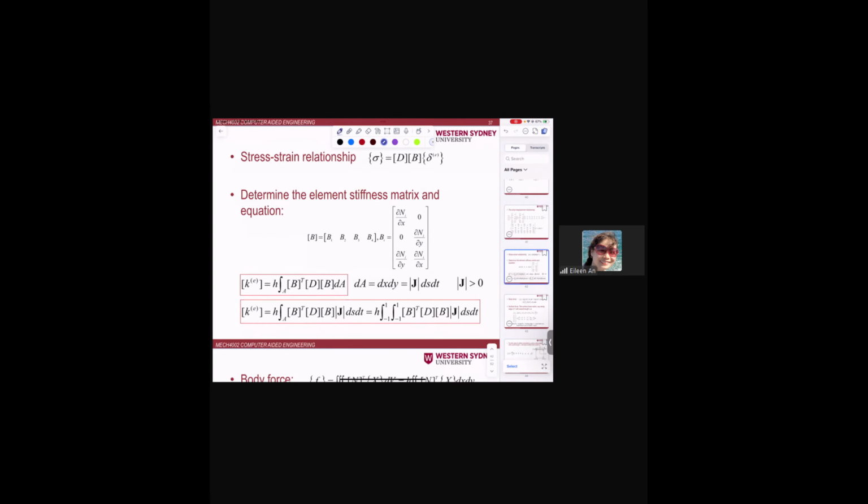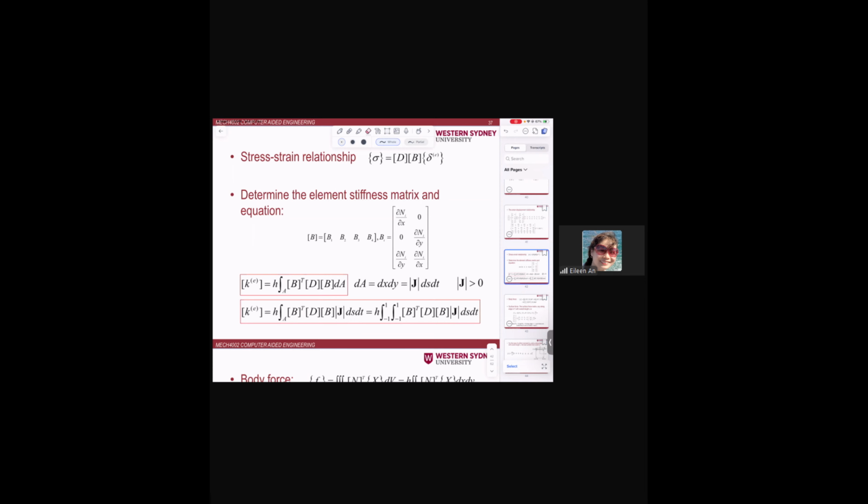Okay, now we have another question. Remember when we solve a 1D problem, we may have more than one element in the system, right? And we have to assemble the element stiffness matrix into the global stiffness matrix. Similarly, for a 2D problem, we have the same step. We have many elements in the system.